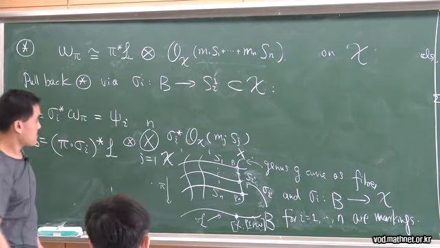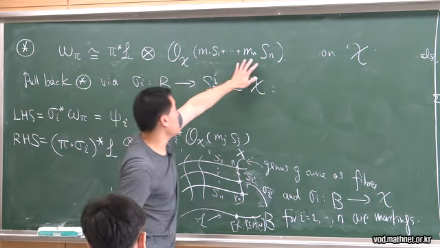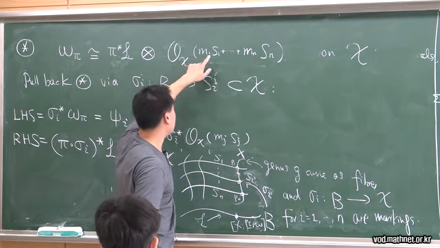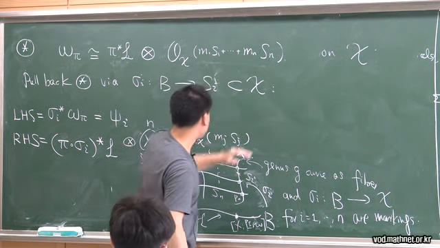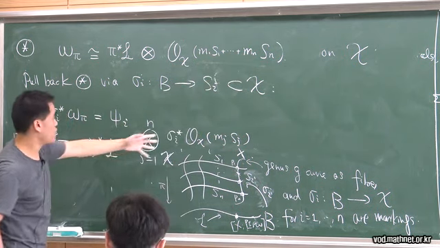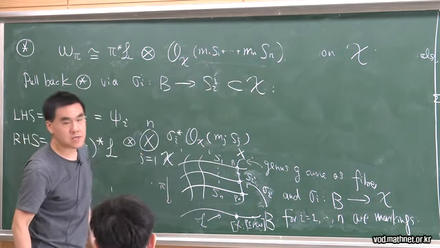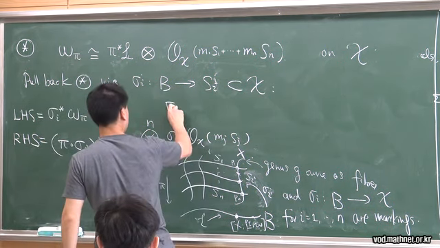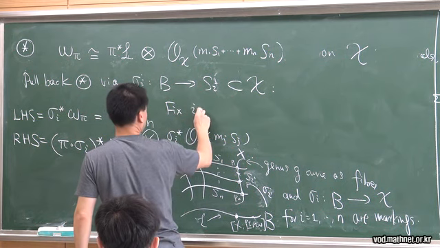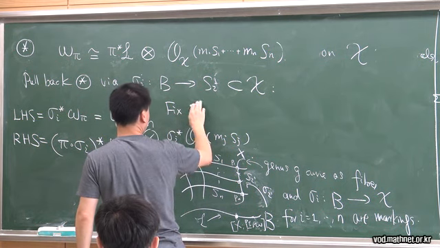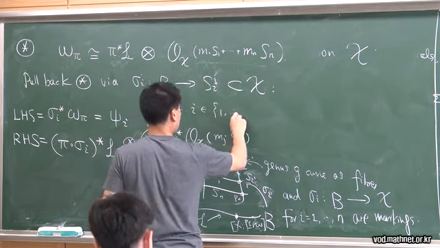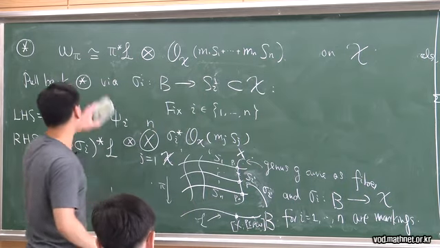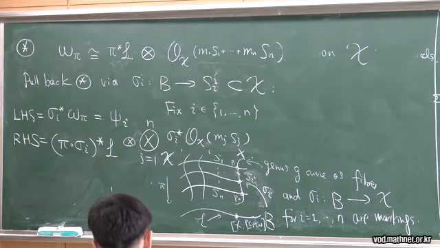So I write this as the tensor product of the line bundles m1 S1 up to mn Sn, and I pull it back by fixing index i. So maybe here I should say fix some i between 1 and n. So let's focus on the ith section. I pull back this relation via sigma i.